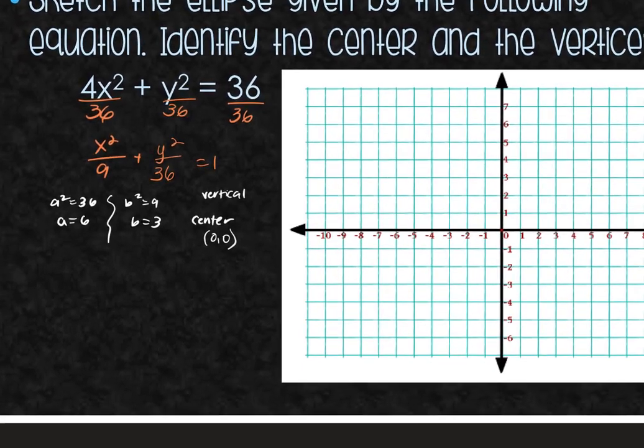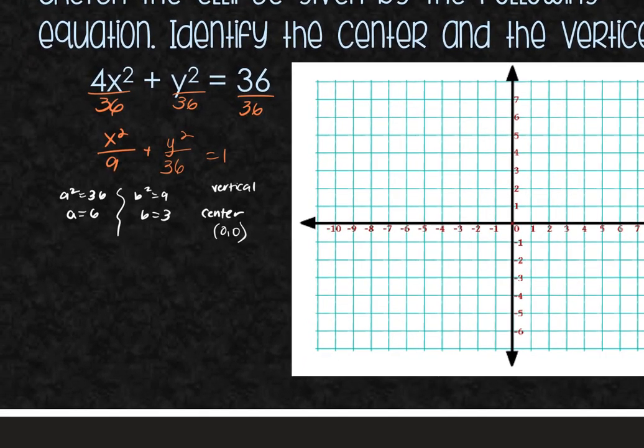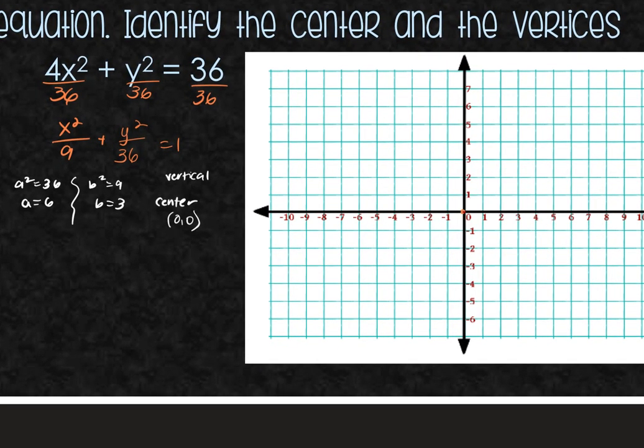All right, so now we plot. Center at 0, 0. A is 6 and it's vertical, so we go up 6. That's one vertex. We go down 6. That's the other vertex. So my vertices are 0, 6, and 0, negative 6.